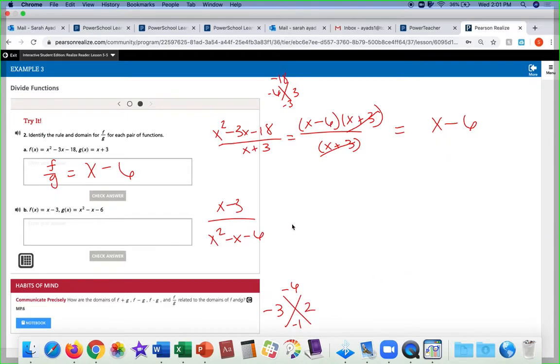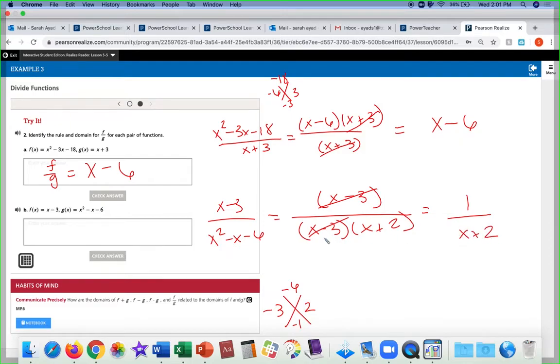Again, because a is 1, I could jump to my factors, x minus 3, x plus 2. I notice they have an x minus 3 in common, so I'm left with 1 over x plus 2. So in part B, f divided by g is defined as 1 over x plus 2.